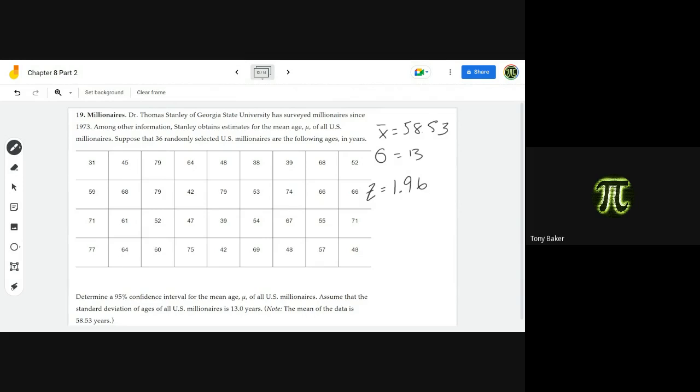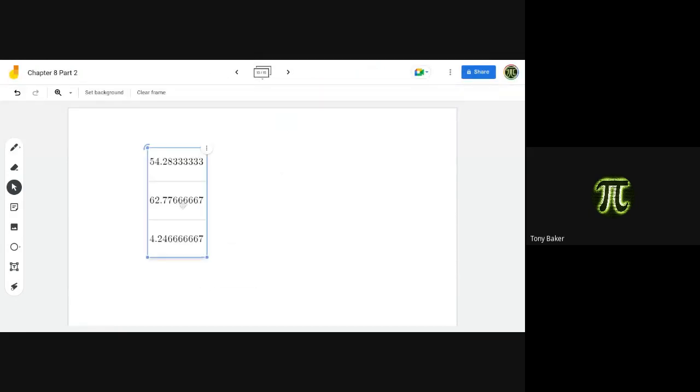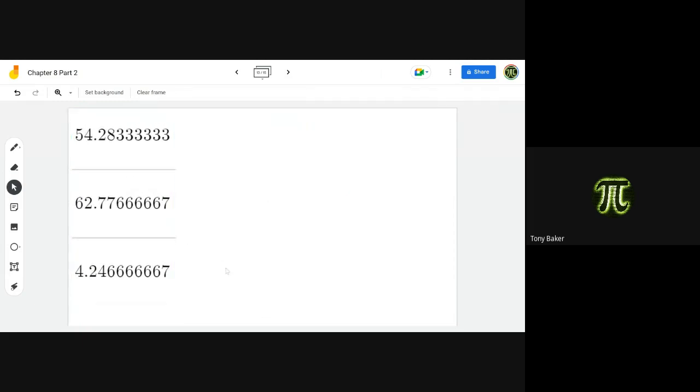So you should have gotten that. 54.3 is my lower, 62.8 is my upper, and the error is 4.2.